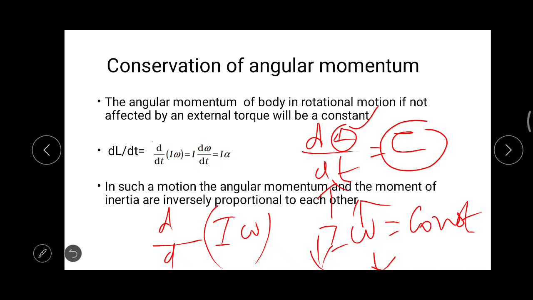Whenever she keeps her hands close to her body, the inertia decreases, and as a result the angular velocity omega increases. Here we neglect the frictional force, otherwise the torque value would be there. For removing the torque, we neglect the frictional force.